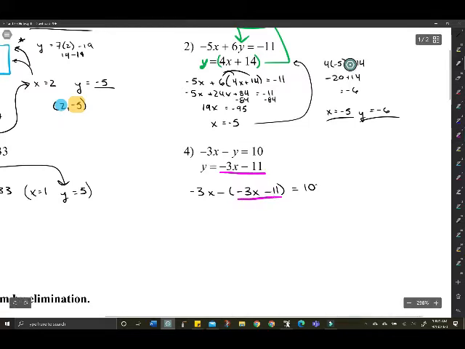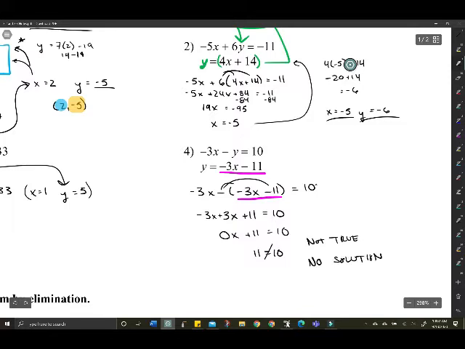Distributing a negative 1 is 3x plus 11 equals 10. Here's a trick question, I suppose. Negative 3x plus 3x is 0x plus 11 equals 10. I have the expression 11 equals 10. That is never true. Thus, there is no solution.